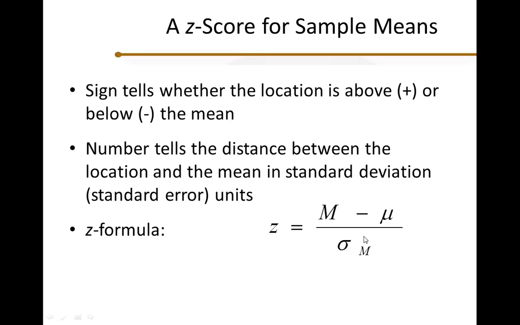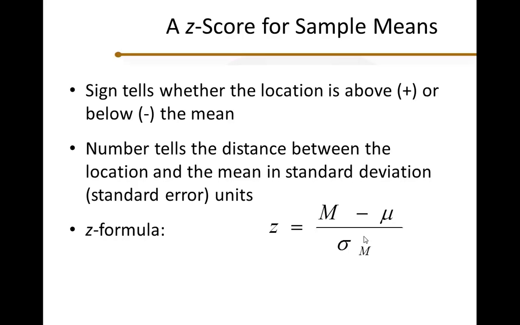All right. So a z-score for sample means is a little bit different. The sign tells whether the location is above or below the mean. The number tells the distance between the location and the mean in standard deviation or standard error units. So your z formula for a sample of means, remember we had a z formula for scores in a population.